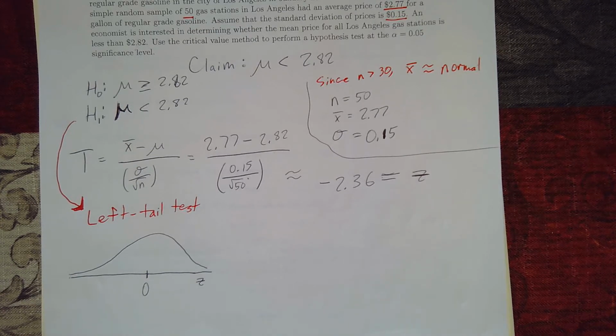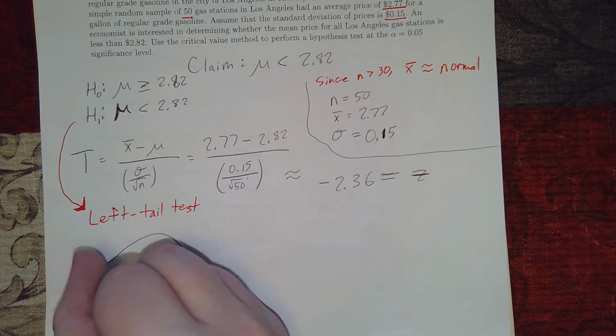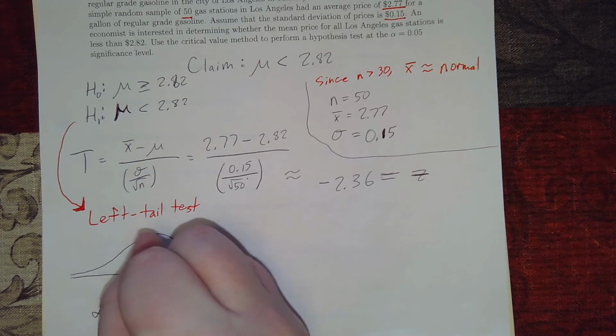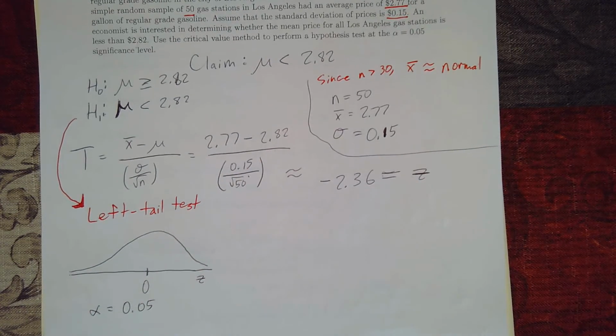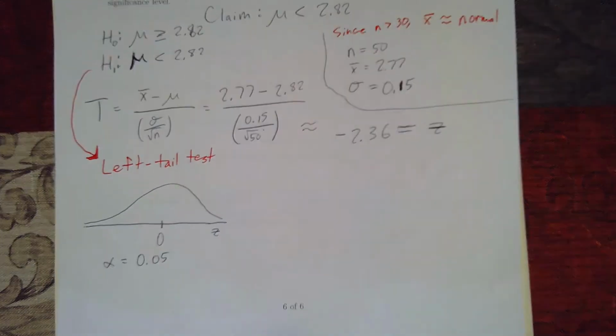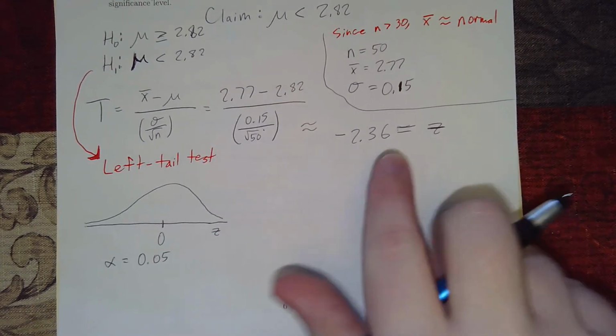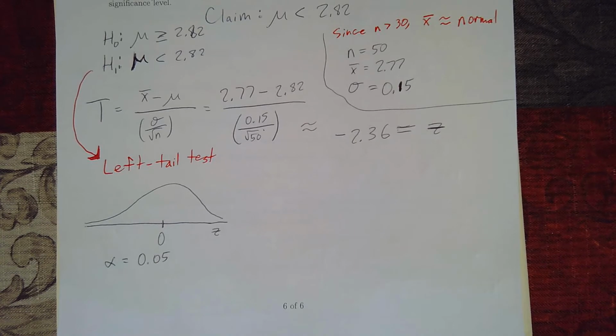We want to figure out what our cutoff is for being extreme based on our alpha. We said that alpha equals 0.05. So if we have anything that would suggest a probability less than 0.05 based on our z-score, then we'd want to be able to determine that.